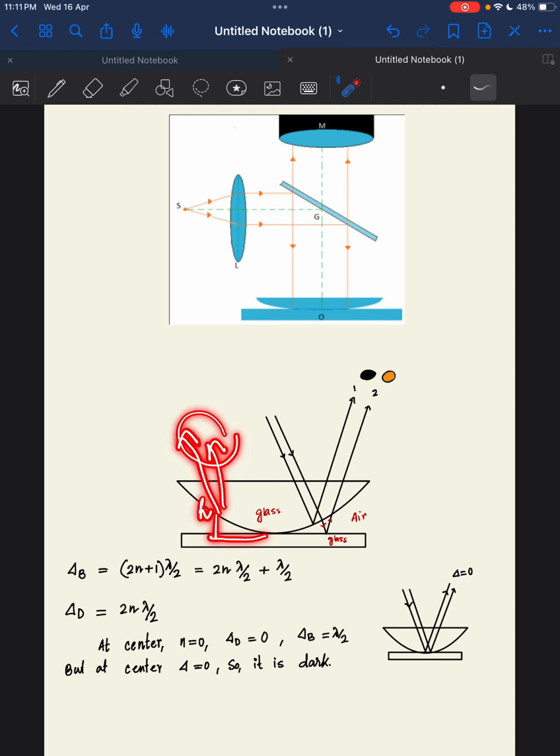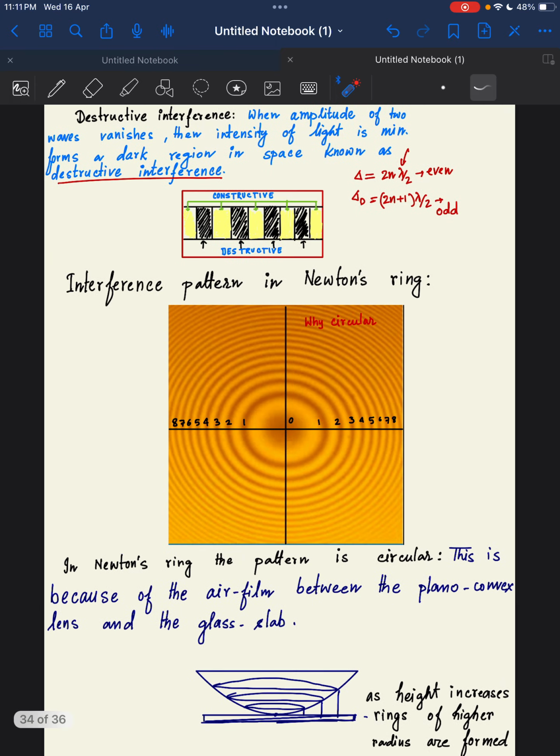So they also satisfy either the condition for bright or dark. If this is dark, this will also be dark. Similarly, if you imagine a circle at the same height from the center, then they will have the same path difference and they will produce a ring on the screen, because this is a plano convex lens and the shape of the air film is like this. So you can look at this picture.